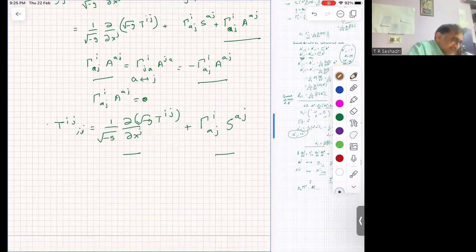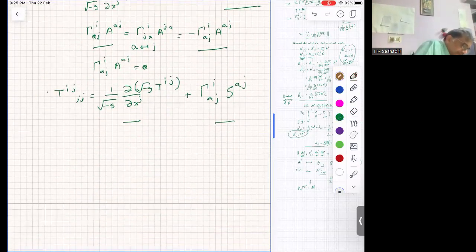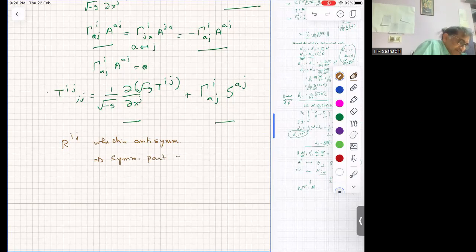Now suppose I have a tensor, say RIJ, which is antisymmetric. This implies that the symmetric part is equal to 0, which means there is no such term.